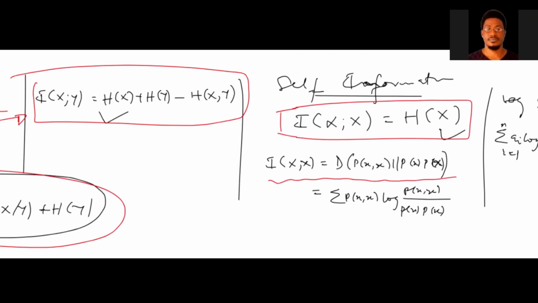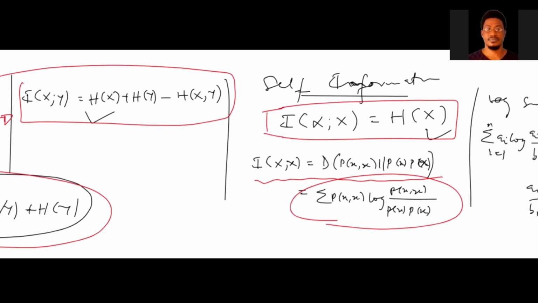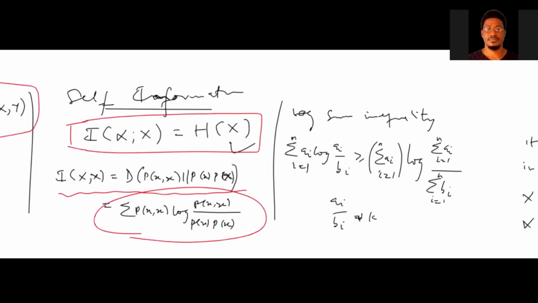So you can pull up from the relative entropy that this is the same as the relative entropy between the joint distribution, you remember that, of X and X, and the product of the distributions. This time it's going to be P of X, right? So once you pull from this, then you can expand this.